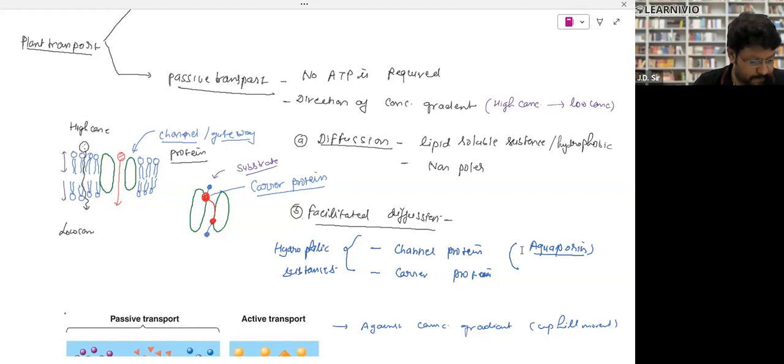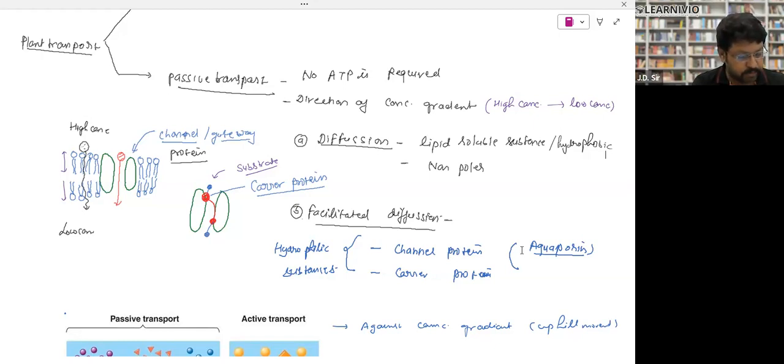Aquaporins are membrane bound proteins or channels which are responsible for passive transport of water soluble substances.